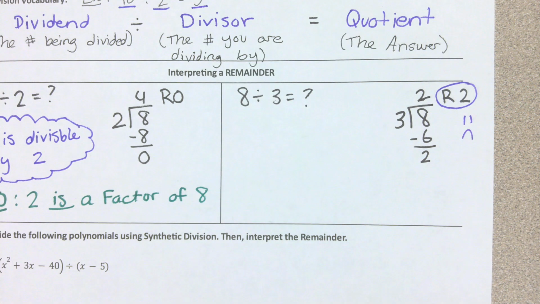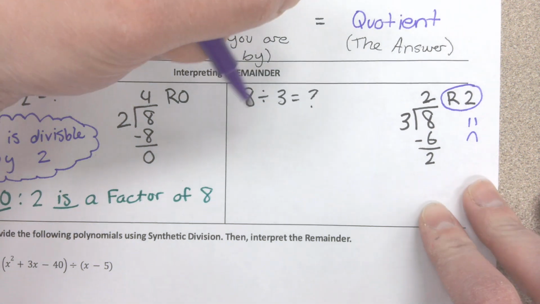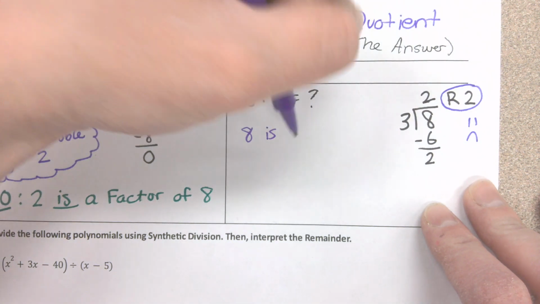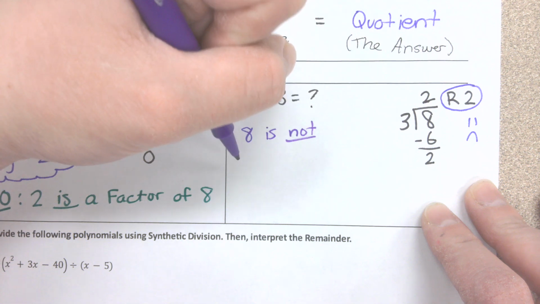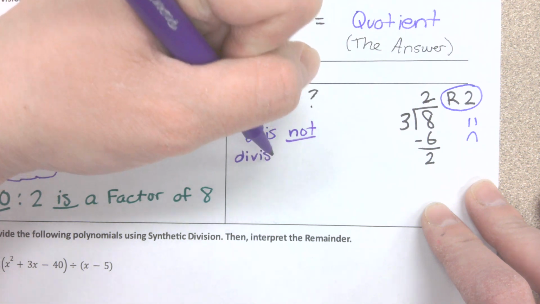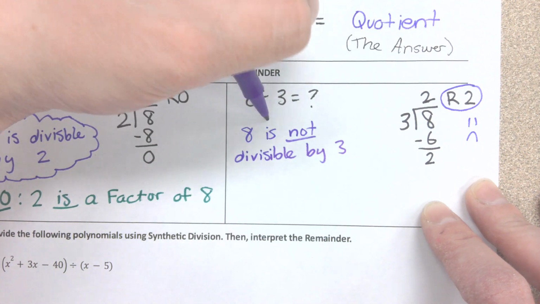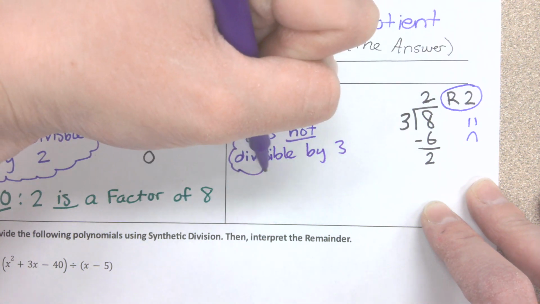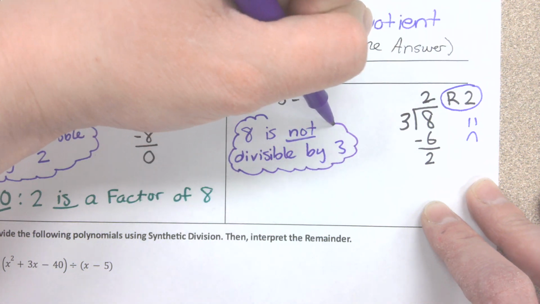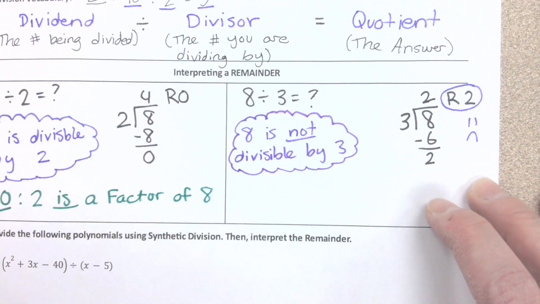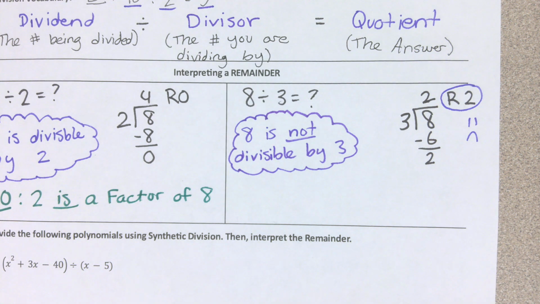Which is not what we want here. We want no remainder. Remainder 0. This means 8 is not divisible by 3. You can't divide 8 by 3 because it doesn't give you a nice whole number like when you divide by 2.